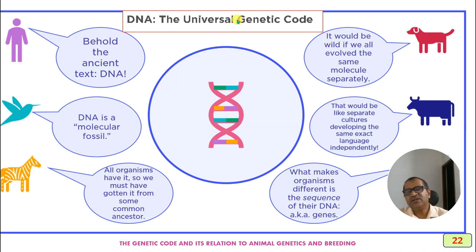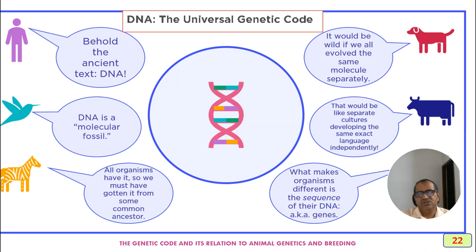Then here you can see the DNA, a universal genetic code, which has multiple components. It is said that we hold one of the most ancient texts, and it is always predetermined.